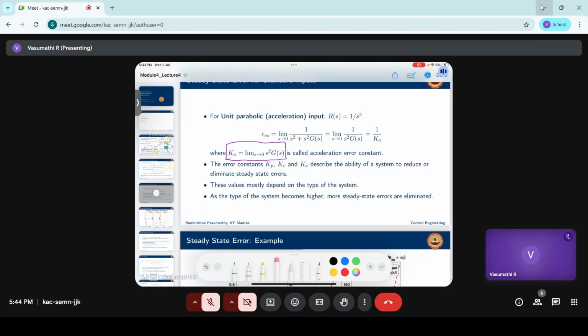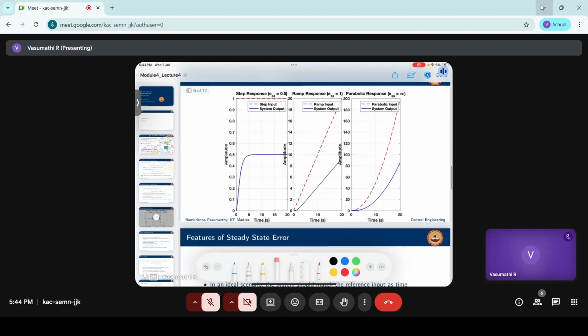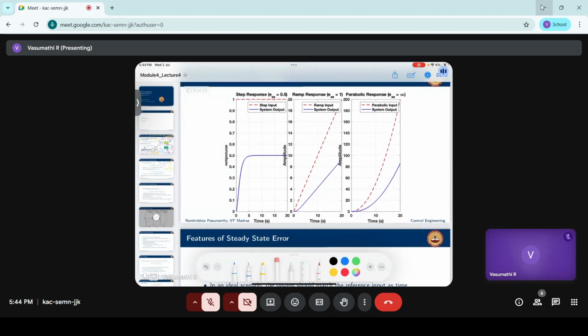Okay, we'll move forward. So these are some visual representations of this, where this is a step input and the system output, where you see the input here and the physical system output. When you give step, it necessarily won't give a value like this, right?